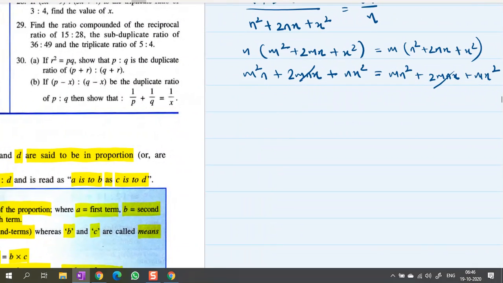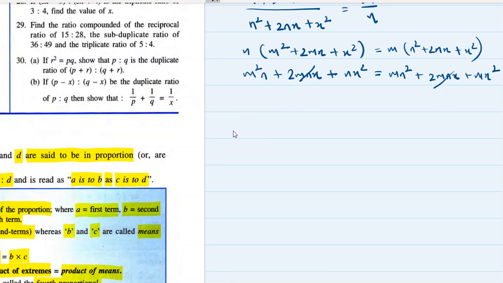Number one, reciprocal ratio of 15:28, which is 28:15. Number 2, subduplicate ratio of 36:49.